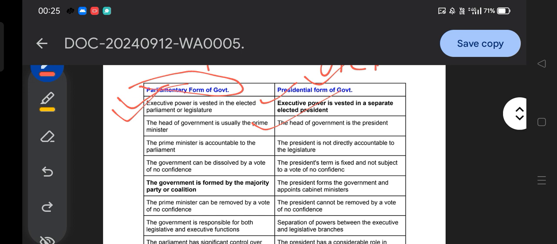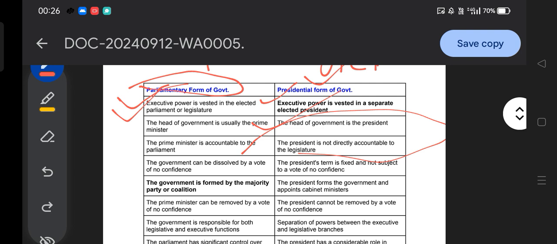The president is not directly accountable to the legislature, unlike the parliamentary form where the Prime Minister is accountable to the legislature.